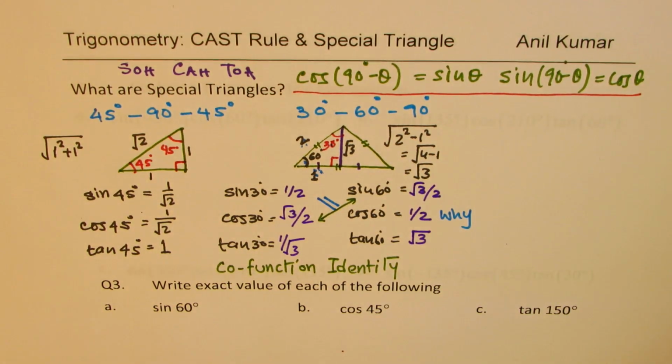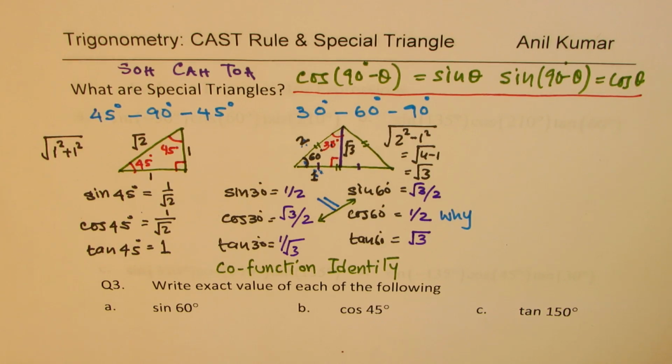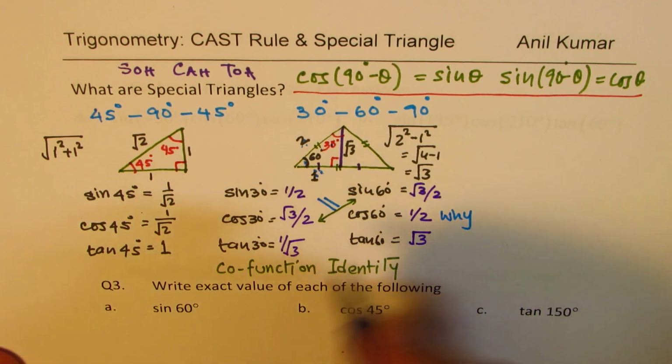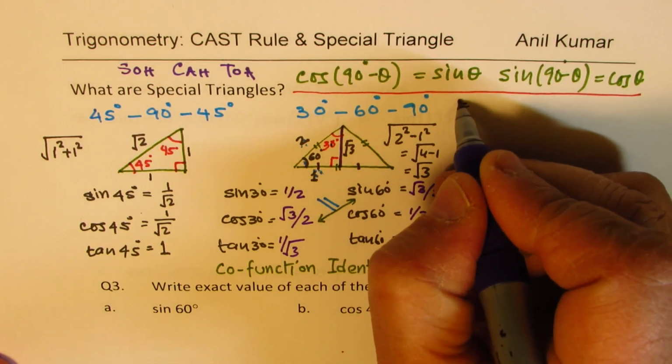Very, very important identity. Correct? So in this part, we have learned how to get exact values of our trigonometric ratios, right? So we found the exact values of our trigonometric ratios. So we also say these are the exact values.